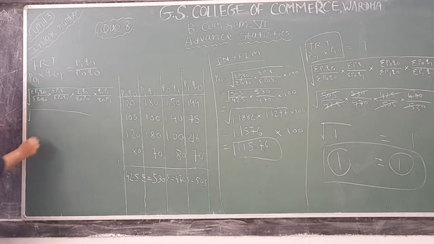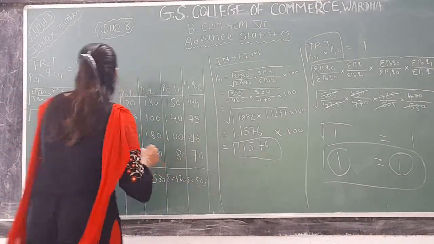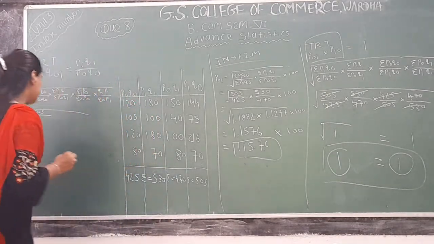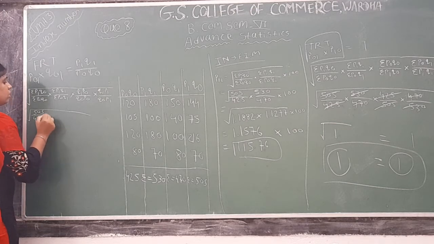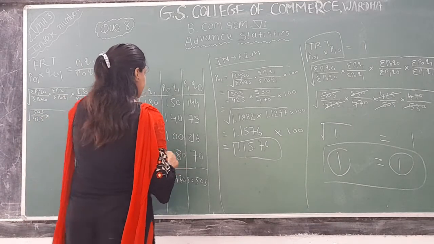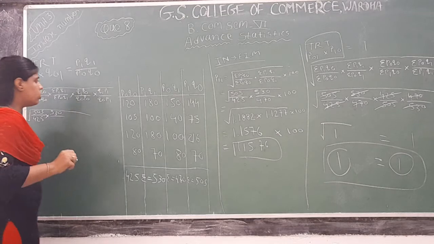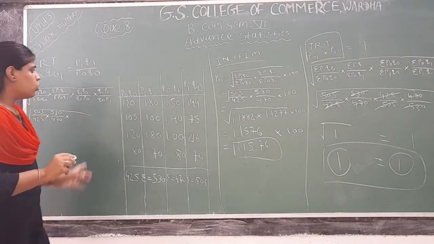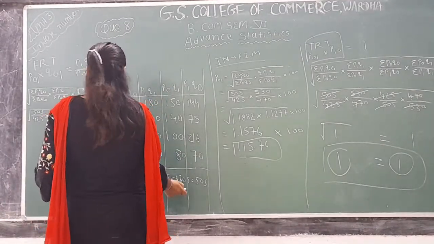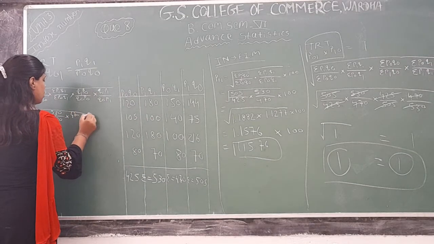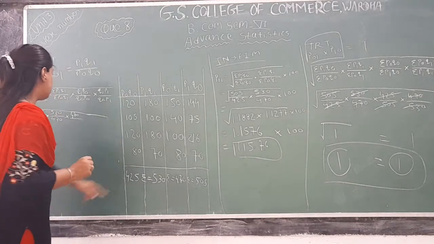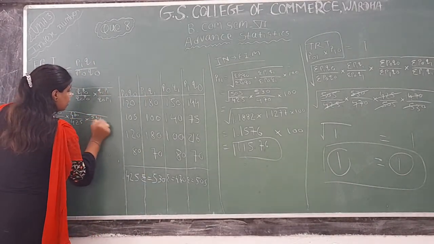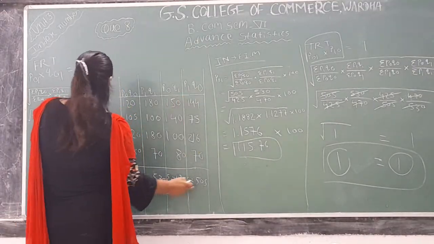P1 Q0 is 505 upon P0 Q0, 425, multiplied by P1 Q1, 530, upon P0 Q1, 470, multiplied by Q1 P0, which means this P0 Q1, so 470, upon Q0 P0, which means P0 Q0, 425, after that Q1 P1, which means P1 Q1, 530, upon Q0 P1, which again comes to 505.